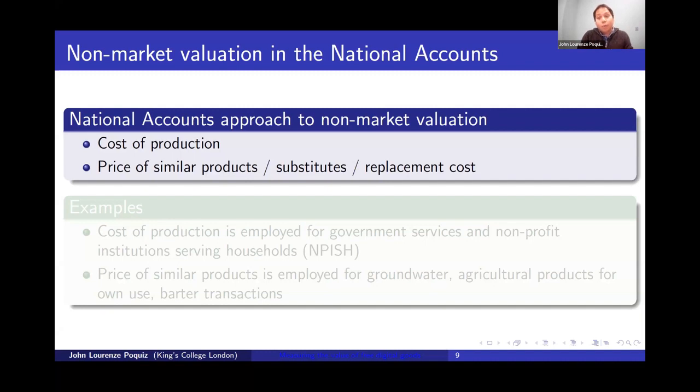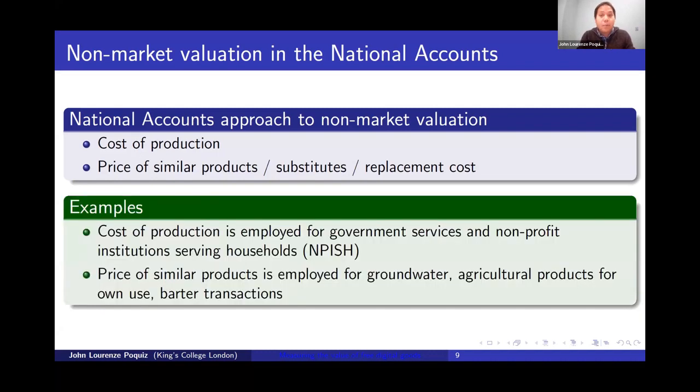Some people call this a substitute approach, or the replacement cost approach in other literature. For example, the cost of production approach is employed to estimate the value of government services and non-profit institutions serving households.